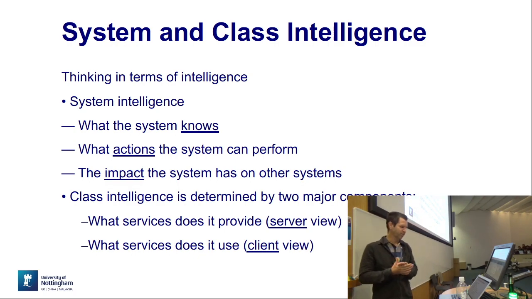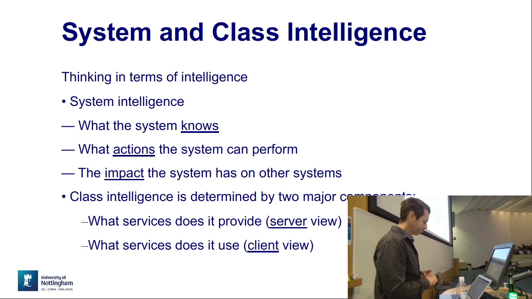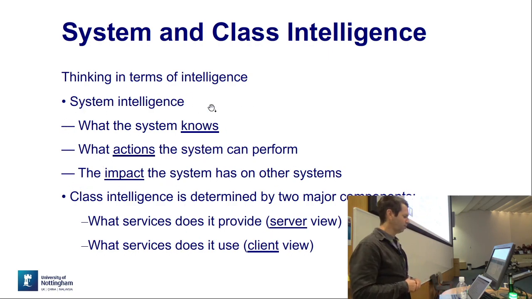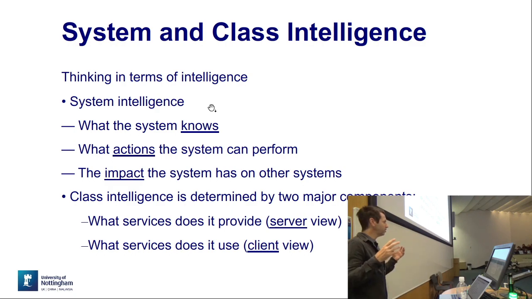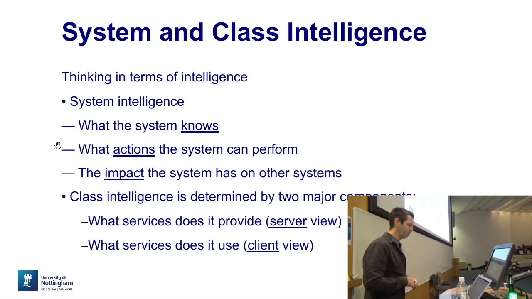So thinking in terms of intelligence at a more abstract level: what the system knows, what actions the system can perform, the impact the system has on other systems. And if a class is too intelligent, it can cause problems. So if a class is too big, it can cause problems. Class intelligence is determined by two major components: what service it provides and what services it uses.